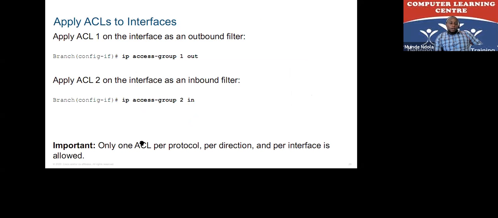To apply the access list, you go to the interface, say ip access-group, refer to the access list number, then put in or out. Something else you need to know, and it's written here as important: only one ACL per protocol, per direction, and per interface is allowed. If I come here and say ip access-group 2 in, this interface cannot have two access lists facing the same direction.